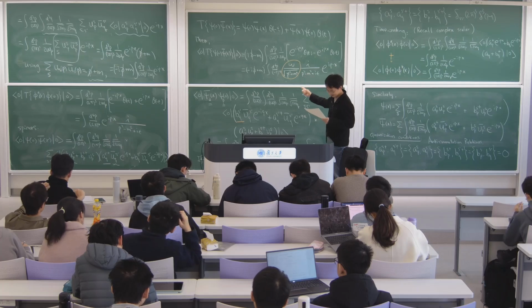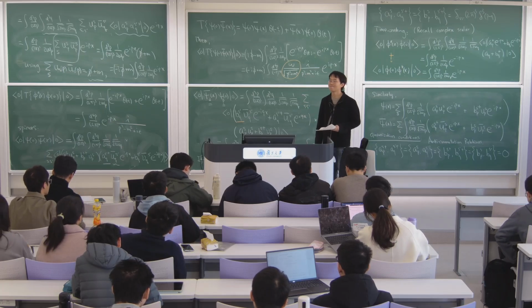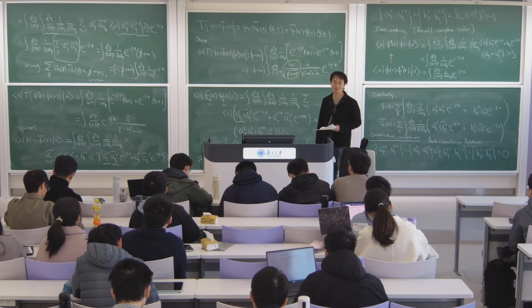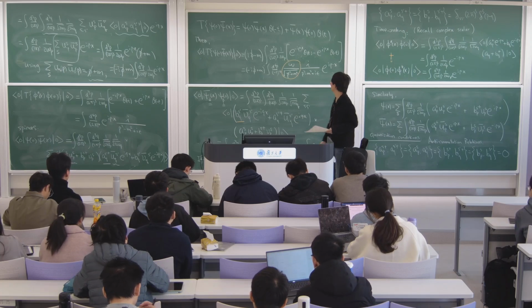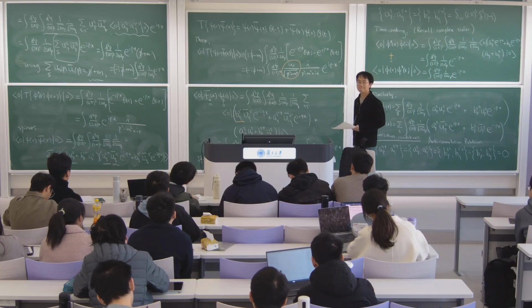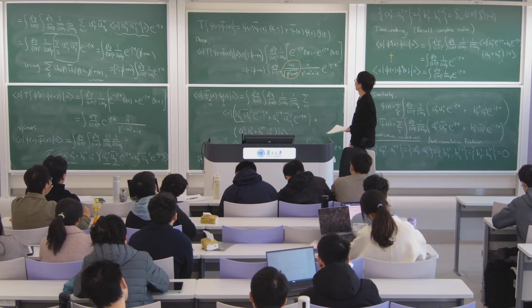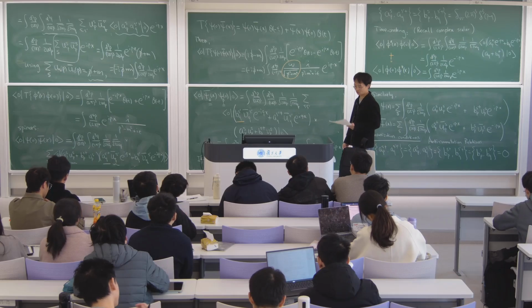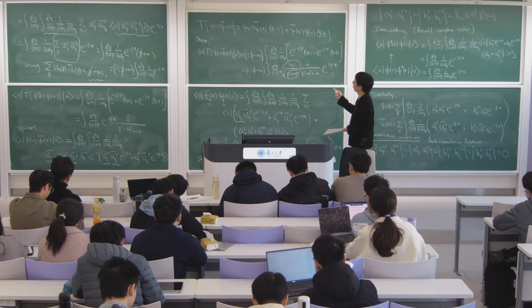Because this is not Lorentz invariant. This two-point function is not Lorentz invariant, which is very bad. It changes under Lorentz transformation. You can easily check. So this cannot be correct.